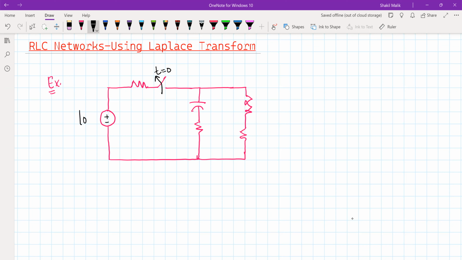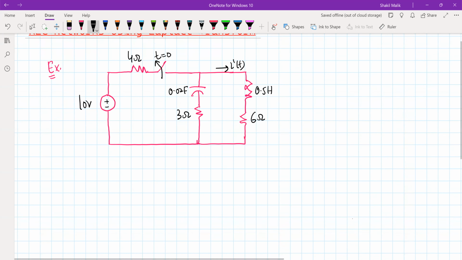This is 10 volts, and this is 4 ohm. This is 0.02 farad, and this is 3 ohm. This is 6 ohm, and this is 0.5 Henry. And our goal is to find i of t for t greater or equal to 0.